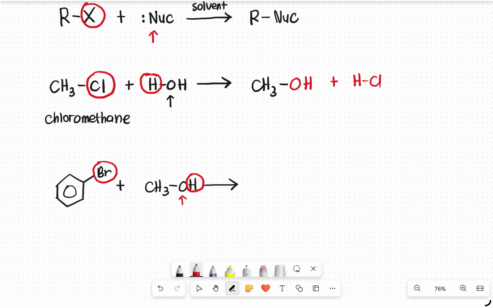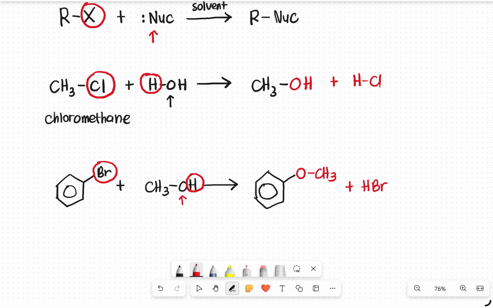It's not C, C has nothing to do with this reaction. Now draw the benzene again, but now it's no more Br, it is O, and this O has CH3 attached. That's it. So you already produce your product, and the byproduct here is HBr.